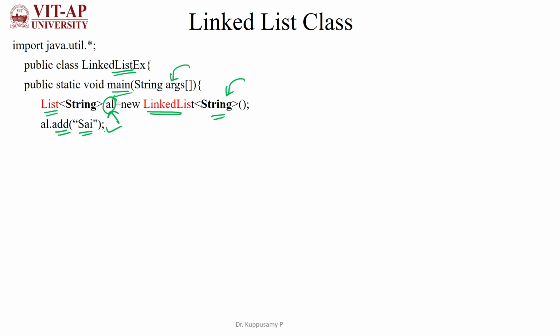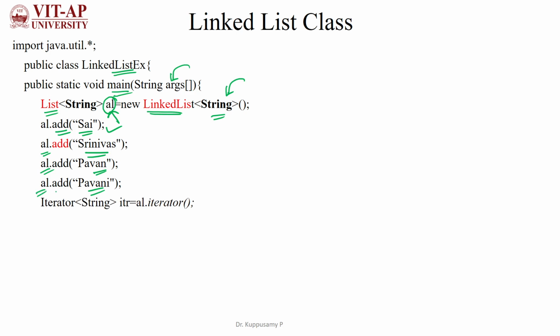The first data is added, then the second data is added into the same object, and the third data is added into the same object al. Now the fourth data is added to the same object. So as per these four statements, al has four data.